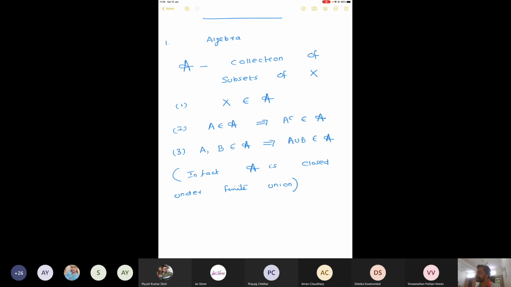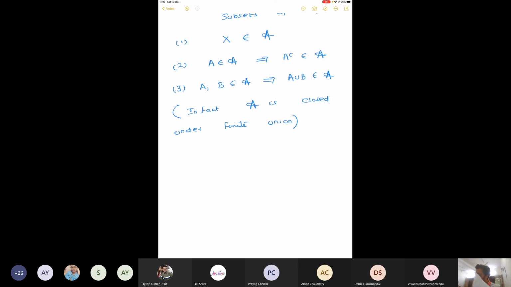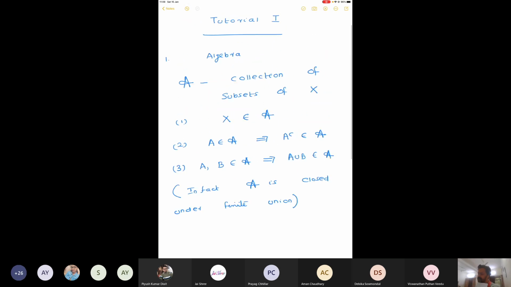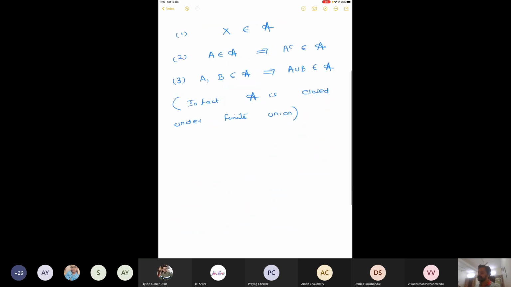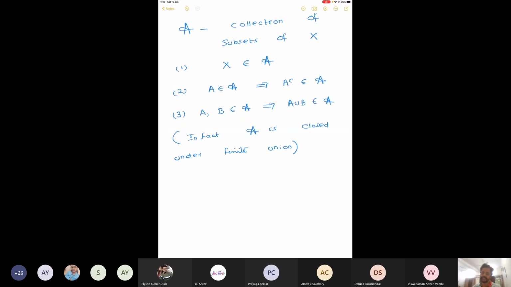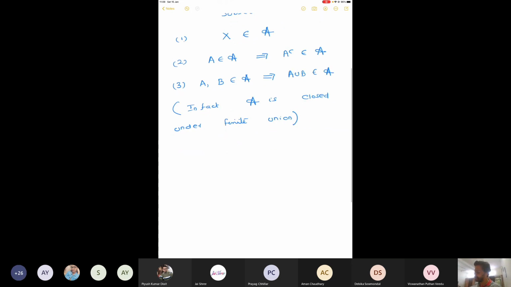If the collection satisfies these two conditions, you have to prove that it is an algebra. Okay. Did you try? If somebody has tried, you can tell how to proceed. It's not that hard. For an algebra, you need three conditions, which I have listed here, but you are supplied with only two conditions. Okay. So let me first start.